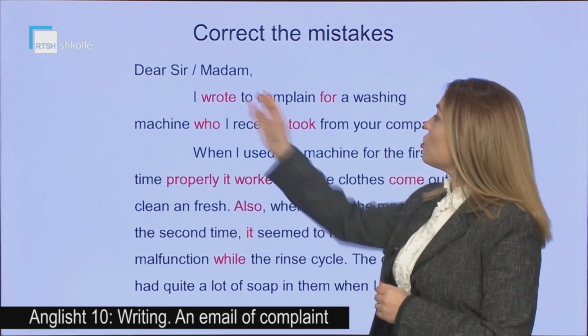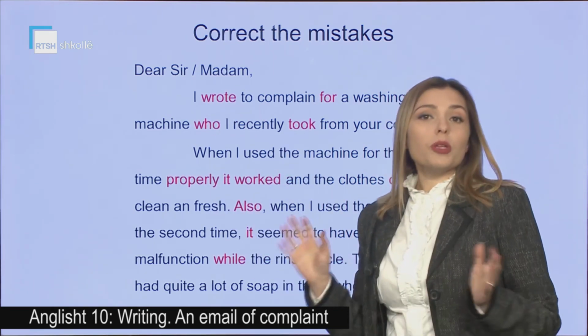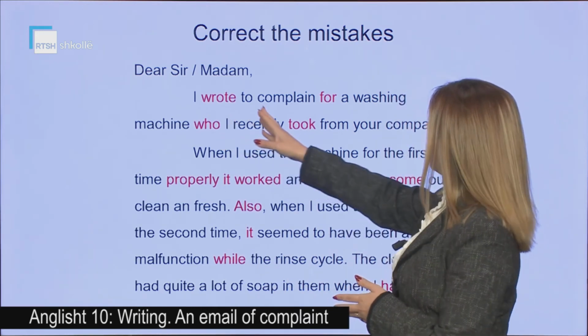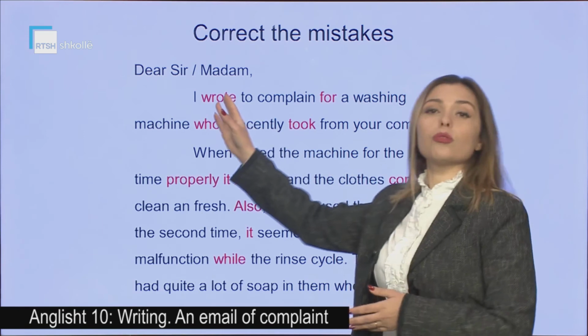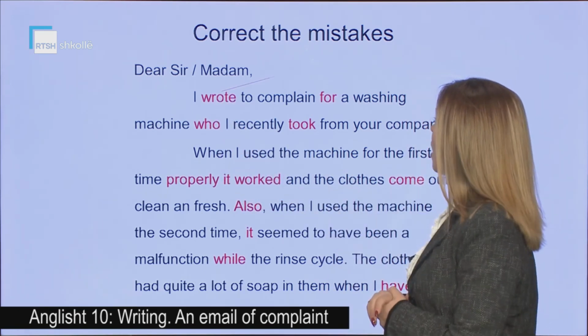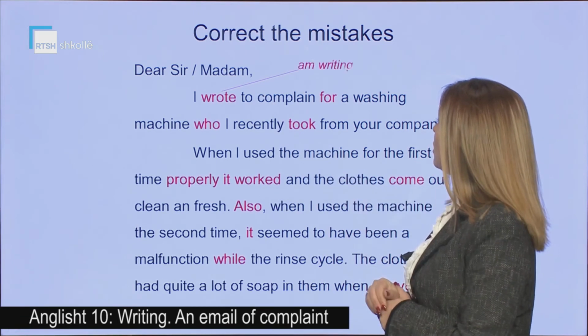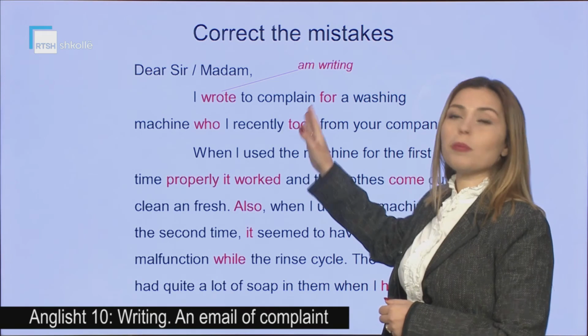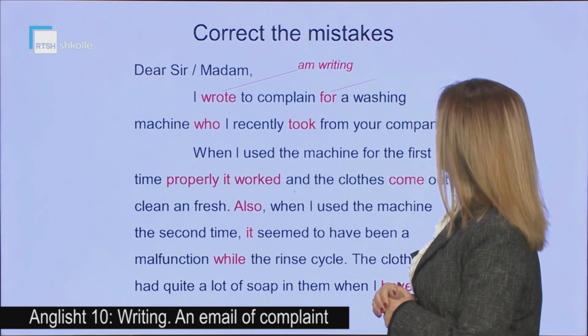We start, dear sir or madam, because we don't know the person that we are addressing. I wrote. He's using a past simple. Why? No, I'm doing this now. So I am writing to complain. What is the preposition? To complain about, of course.